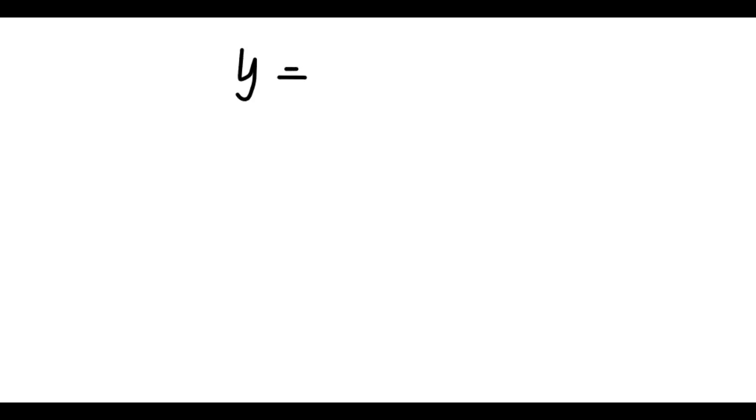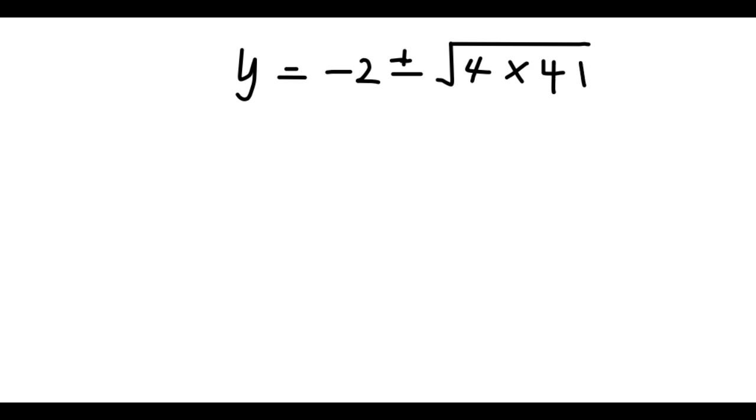y can then be written as minus 2 plus or minus square root of 164, which can be written as square root of 4 multiplied by 41, everything over 2.